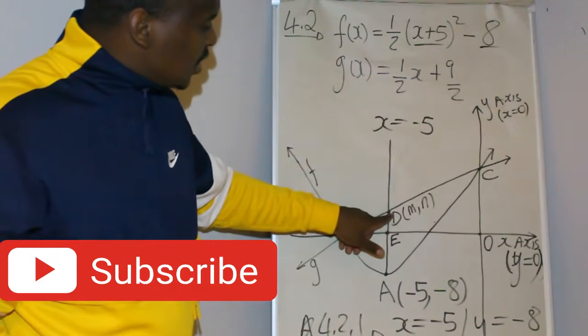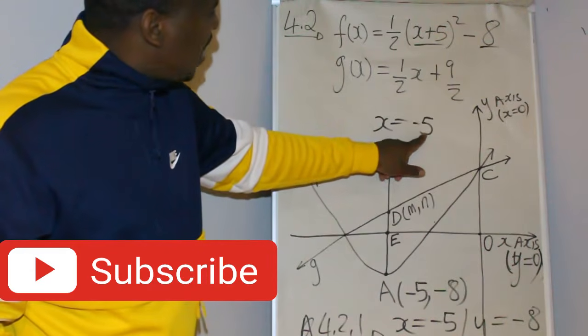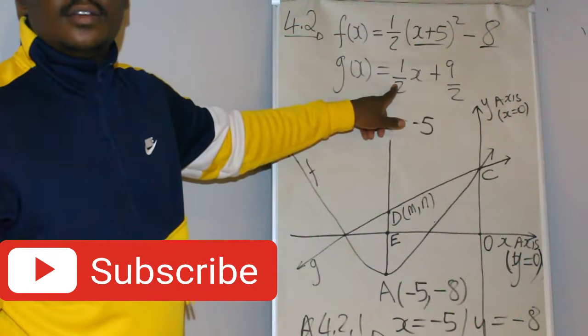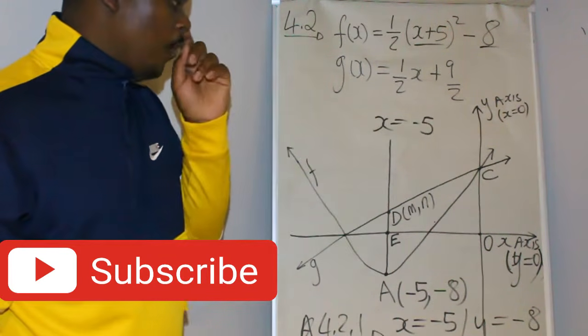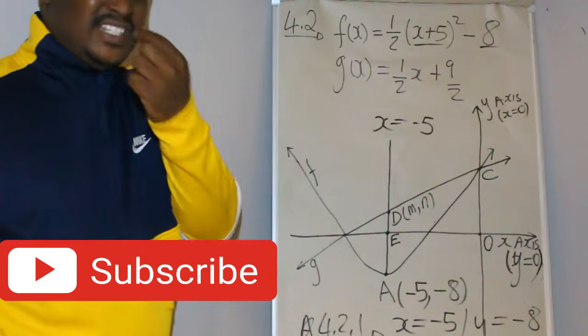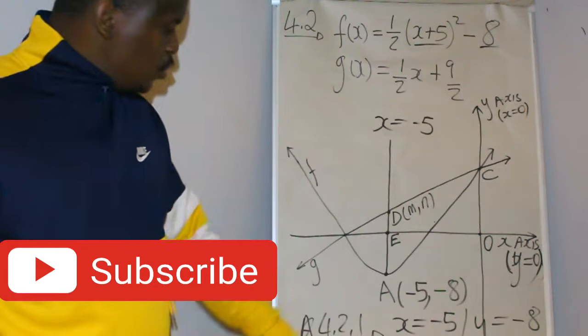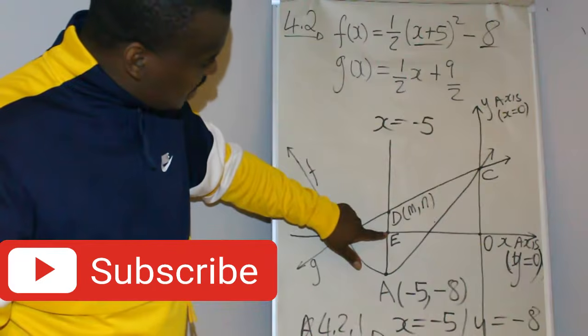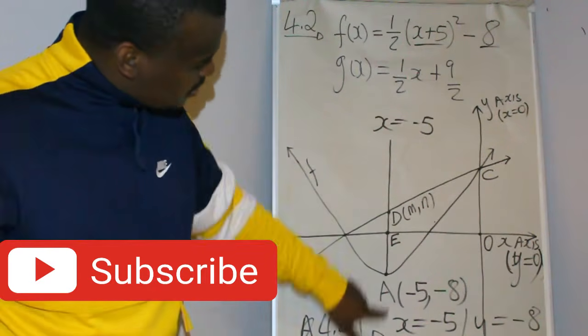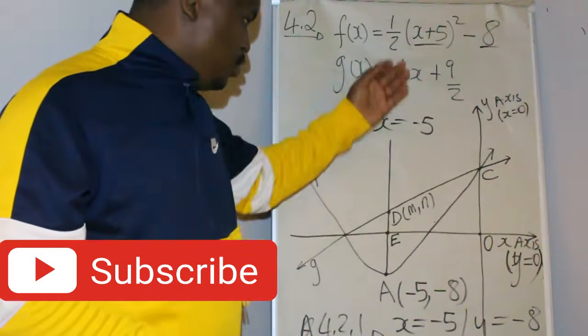Then to find the corresponding y value, you must substitute the x value that you know, which is -5, into the equation of g, so that you can find the corresponding y value of the point D, which is equal to n in this case. The x value is the same here and it's the same there. So along this line, x is equal to a constant. Then you know the x value.